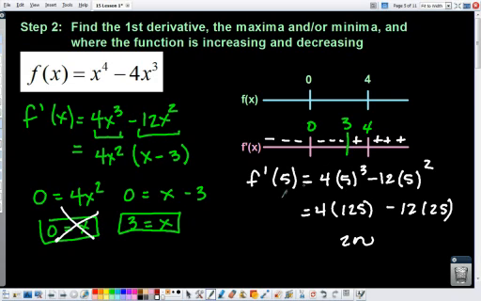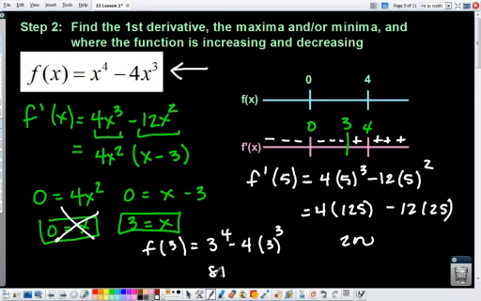So let's go ahead and find that coordinate. So I'm going to go ahead and plug 3 into my original equation to find that y coordinate. So f of 3 is equal to 3 to the 4th minus 4 times 3 to the 3rd.